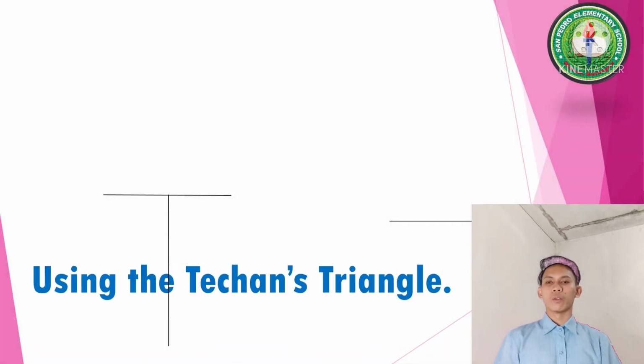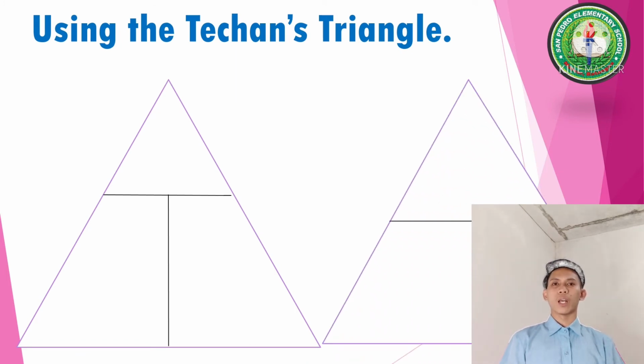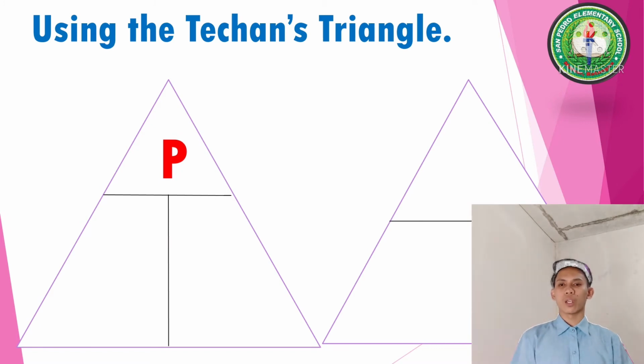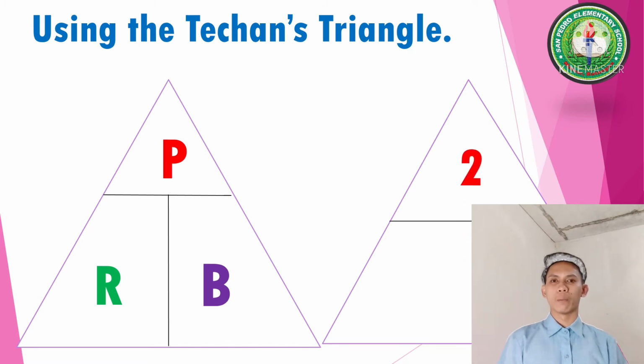So we can get or find the value of the given problem using the Tehans triangle. So what is Tehans triangle? Tehans triangle is commonly used by the business mathematician to formulate or find the rate, base, and the percentage in a given problem.